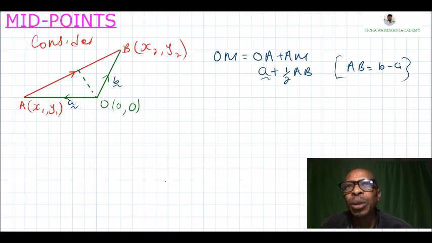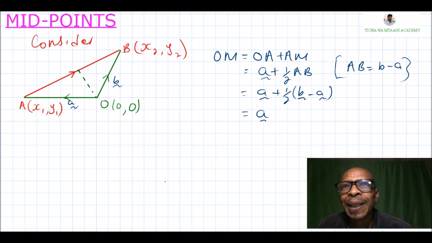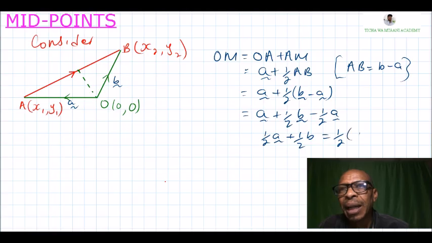So this is equal to A plus a half of B minus A. When you open the bracket, you get A plus a half B minus a half A. A minus a half A will give you a half A plus a half B, which we can factor out a half, and we are left with A plus B. You can still write it as A plus B divided by 2.